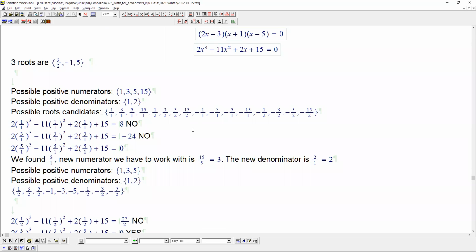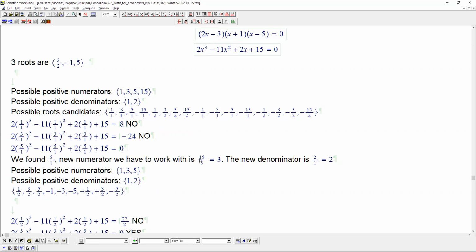So it was multiplied, something was multiplied by 5. So we got rid of it, and now we only have 3 to deal with. And the denominator, well, we had 1 and we got rid of it, but we still had a bunch of candidates to check. So would there have been another way to get rid of more potential solutions?